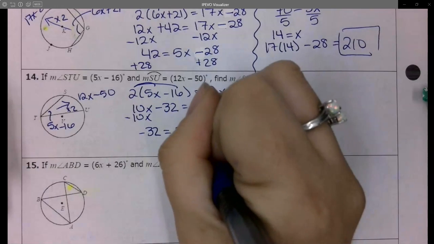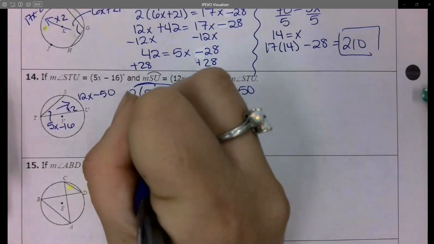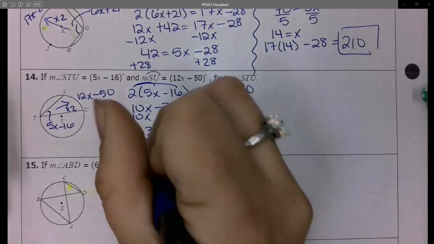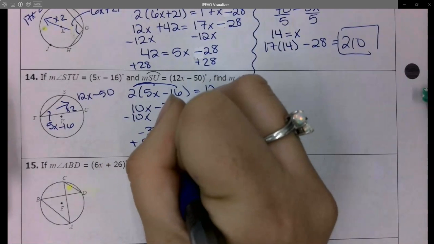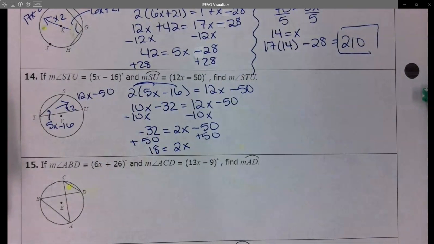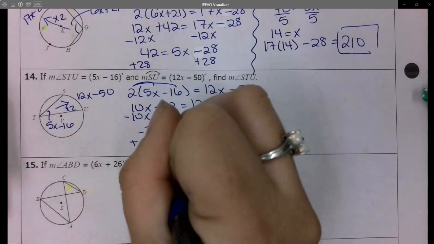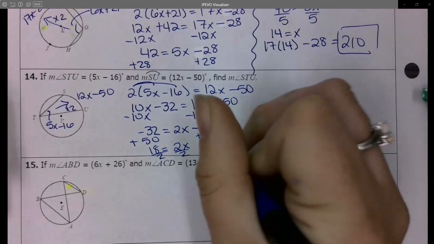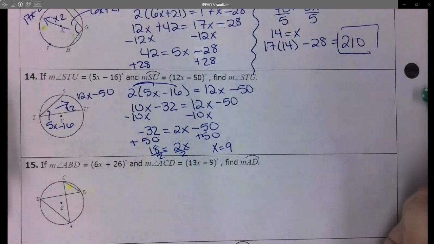Then I want to go ahead and add 50 to both sides, which will get me 18 equaling 2x. Then I want to go ahead and divide both sides by 2. I get x equals 9.